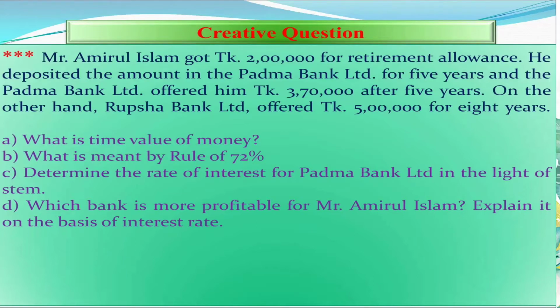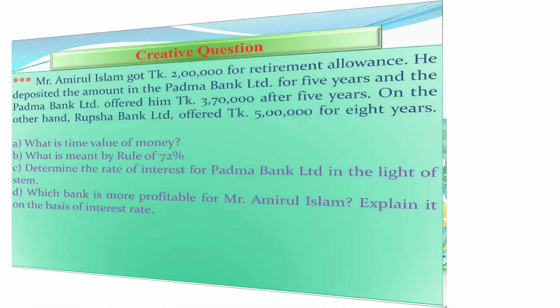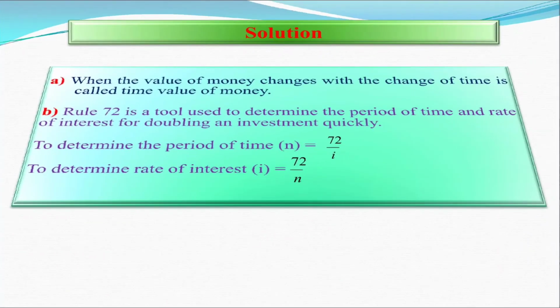Let's come to solve question number A. What is time value of money? You know very well what is time value of money. When the value of money changes with the change of time, it is called the time value of money.